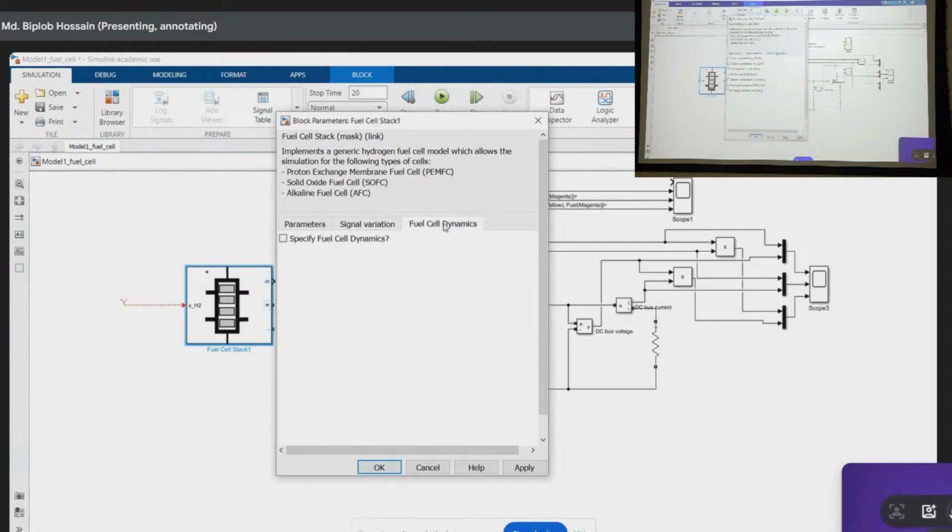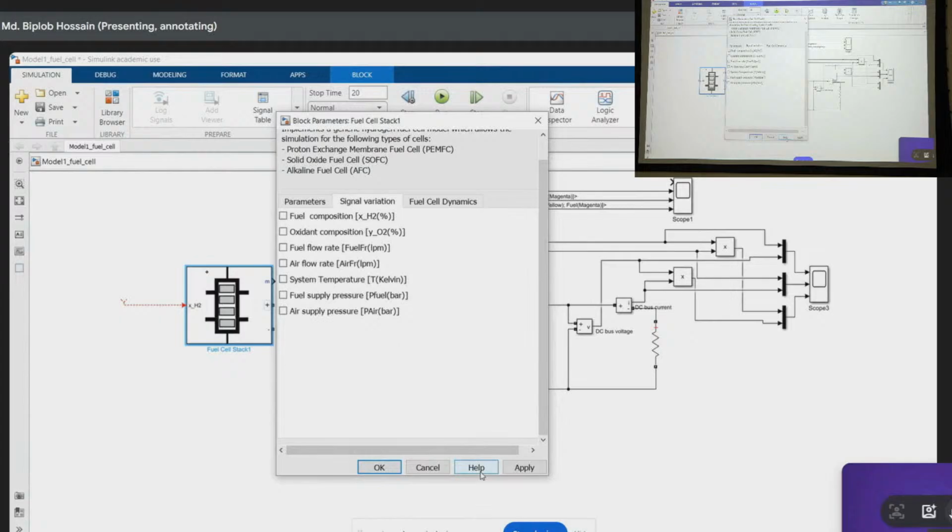After that, there is the fuel cell dynamics, which is the time. As I said, it is a first order time delay, and you can define this time from here. These are the parameter inputs. I am going through this a little quicker with this help.